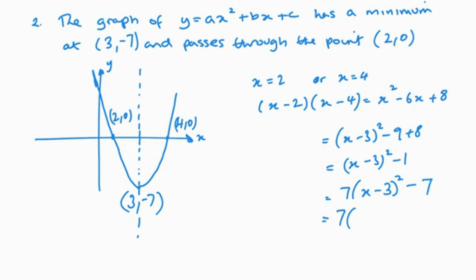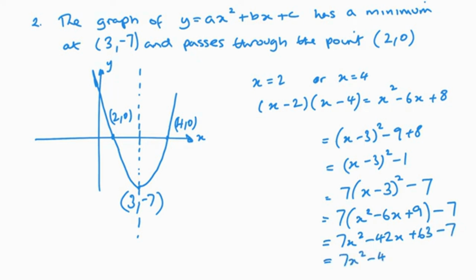Now (x minus 3) squared will be x squared minus 6x plus 9, and obviously I've got that minus 7 there, so 7x squared minus 42x plus 63 minus 7. So 7x squared minus 42x plus 56. This is now my y equals, that's my graph now, the complete equation of my line.